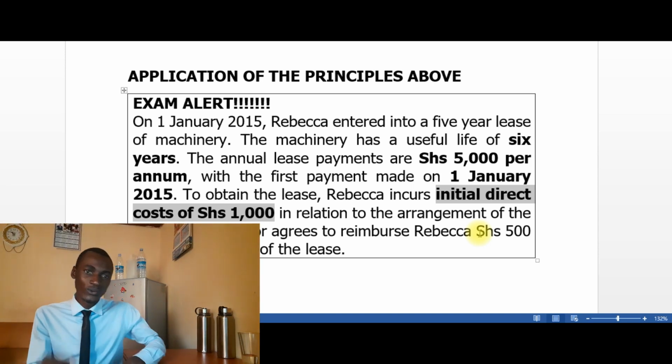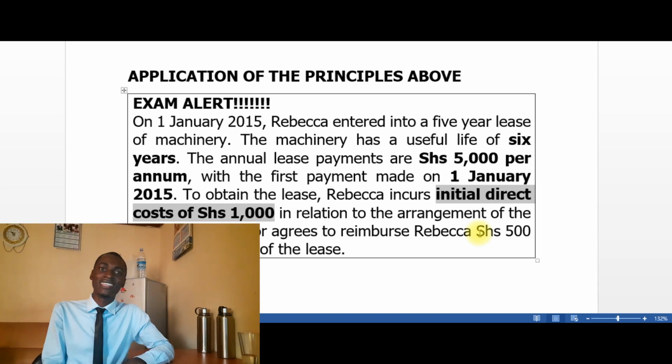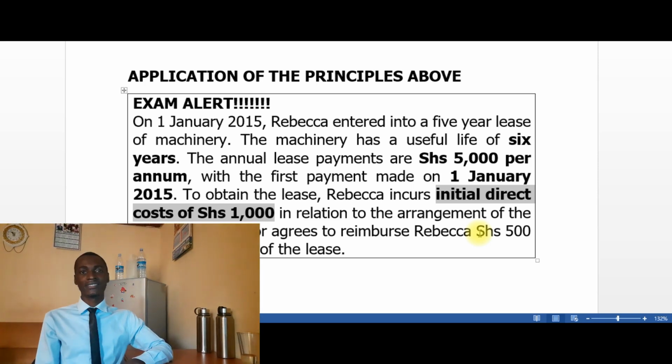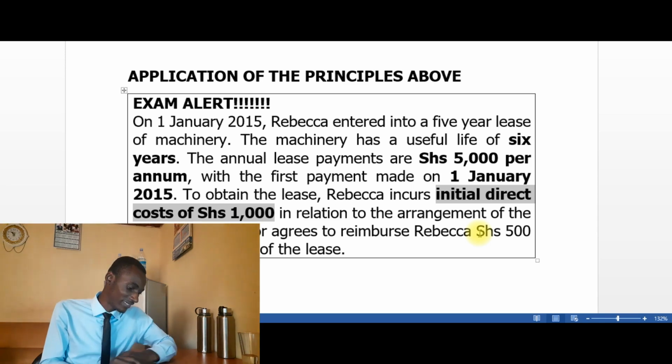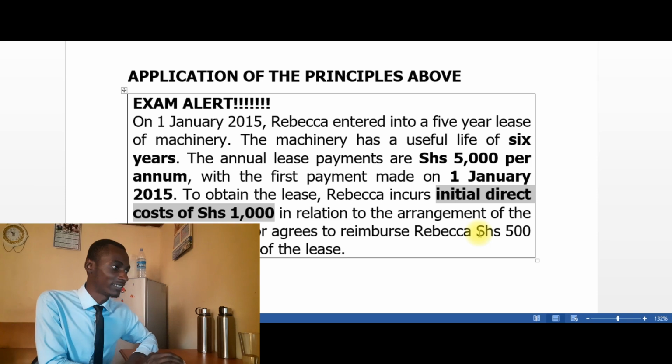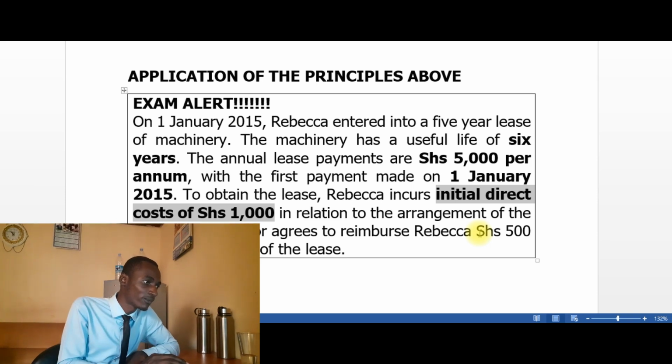So I'm going to use an examination scenario to see how we can apply the principles about lessee accounting under IFRS 16 Leases. So, exam alert: application of the principles above.